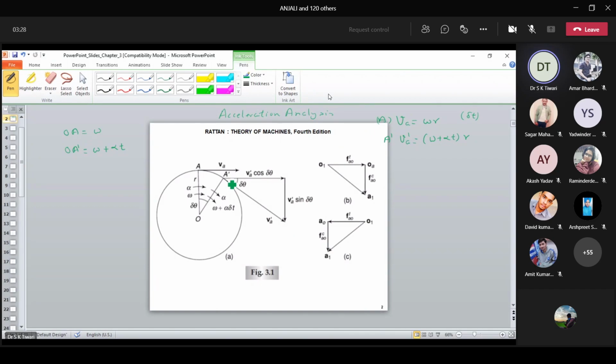The tangential velocity of A may be considered to have two components. One is perpendicular to OA, meaning the original position, and the other is parallel to OA or AO.